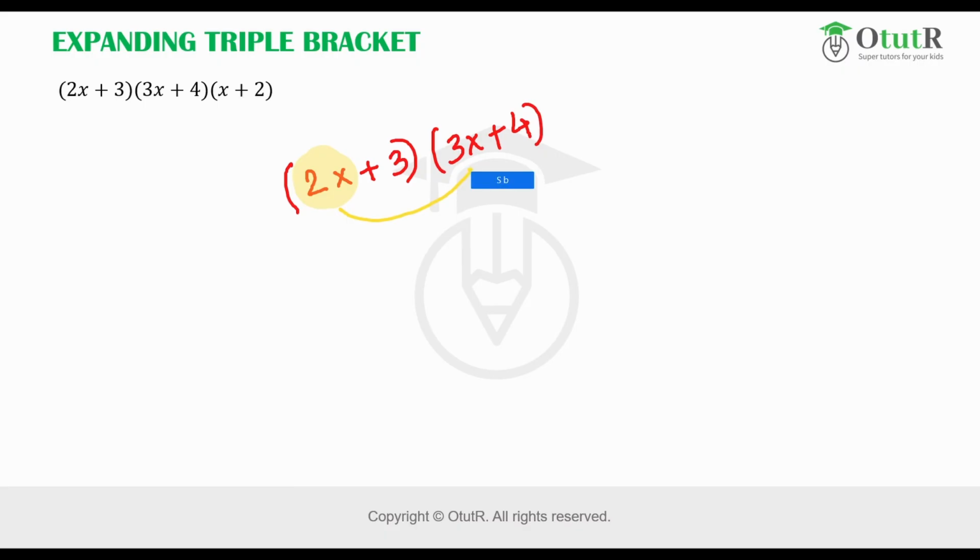So let us first multiply with 3x. When we multiply 2x with 3x, we are going to get 6x squared. After that, we are going to multiply 2x with 4 and we are going to get 8x.